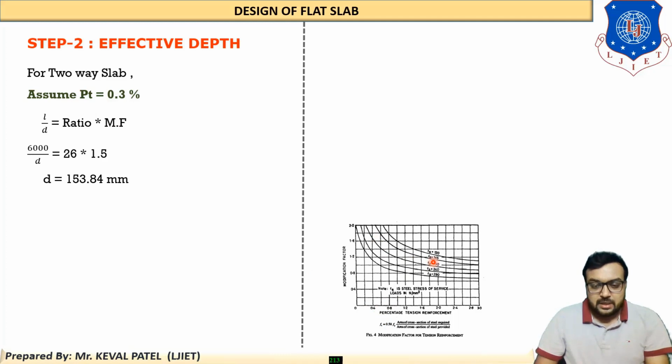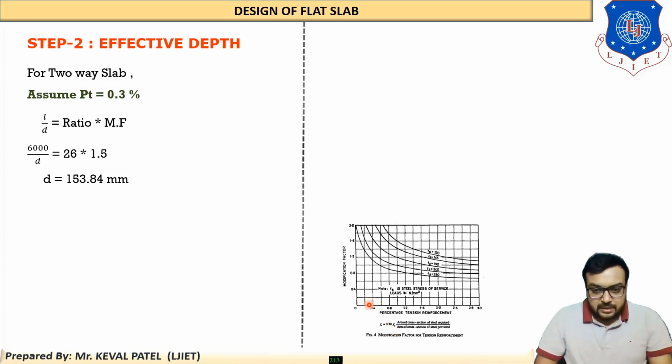What is the equation of Fs? The equation of Fs is 0.58 into Fy into some ratio, but this ratio is considered as 1 for the initial stage. So our Fs is equal to 0.58 into 415, which is equal to 240.